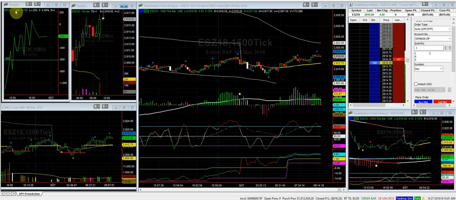We also have the 1 minute tick bar of the NYSE. Over here, we have, again, those volume bars, but mainly this is a support and resistance chart of the 1500, and that's what the main chart is of the 1500. Then there's the 4500 tick bar chart over here, and then there's the matrix.